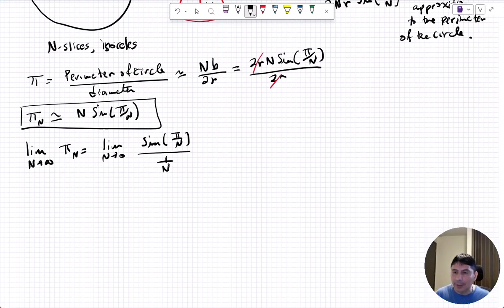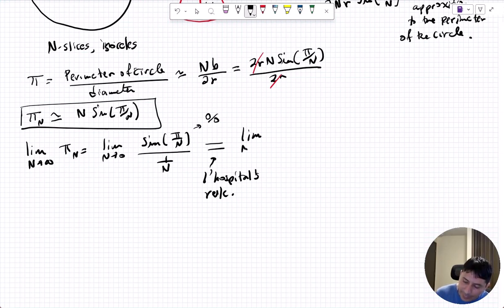Now, as n goes to infinity, the top goes to sine of 0, which is 0, and the bottom goes to 0. So this is of the form 0 over 0, and we can use L'Hopital's rule to calculate this limit. That is, we calculate the derivative of the numerator and the derivative of the denominator, and then the limit stays the same.